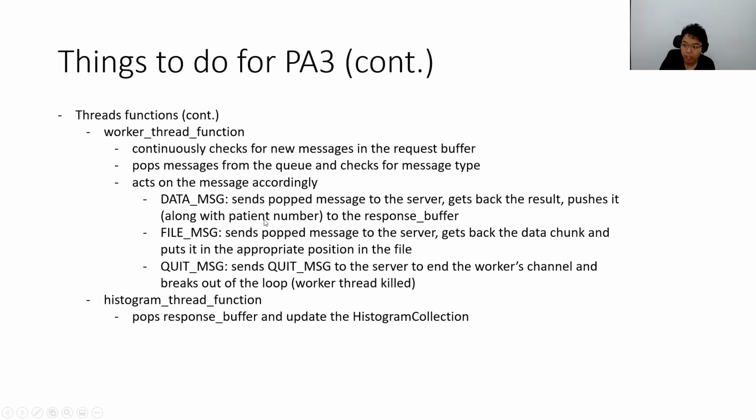So you have to create a way to have a pair of values: the patient number and the data associated with it, so that when the histogram thread function pops, it knows which patient to update the histogram collection for, because there you will display the number of patients, right? Then the file message.